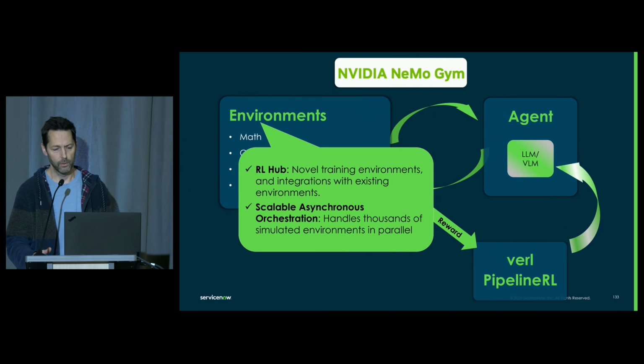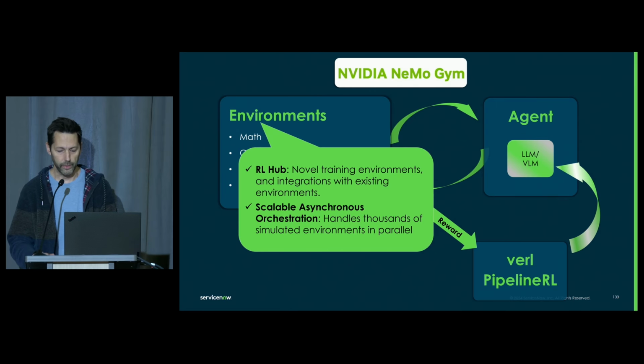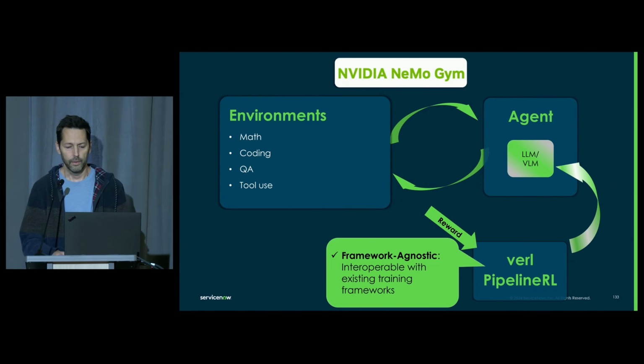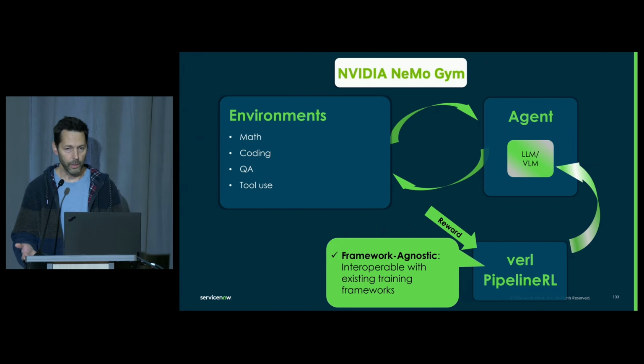It's also scalable and asynchronous. You can run it on thousands of different servers in parallel and train your agent with that. It's also framework agnostic. You can use it with VRL or PipelineRL. But there's no web agent yet in that environment.